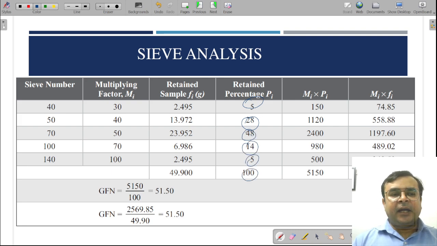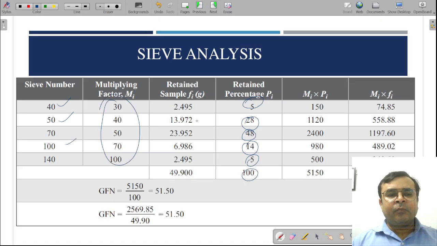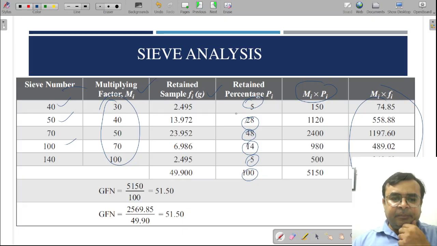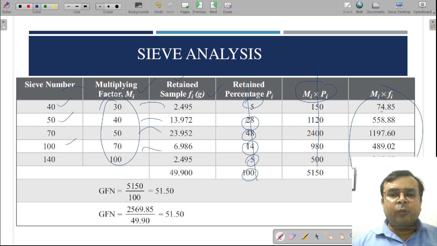Is it right? With reference to each sieve number we have a multiplying factor, then you multiply this multiplying factor with the retained sand in each sieve, and after multiplying you will get this result. You can also represent it in percentage form, but it is not necessary. So you just write down the quantities of molding sand in each sieve, multiply with this number and put it in this table.